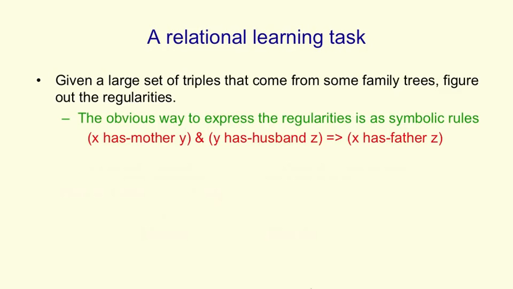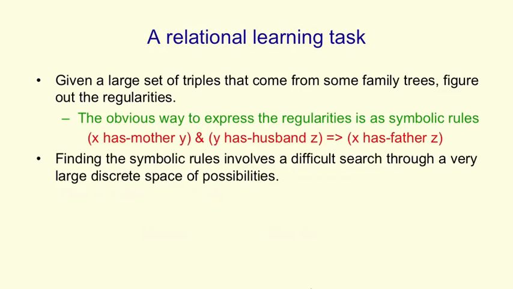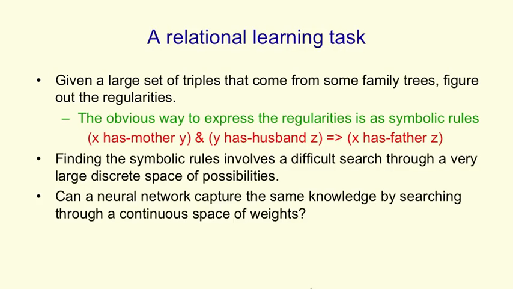For example, X has mother Y and Y has husband Z implies X has father Z. We could search for such rules, but this would involve a search through quite a large space, a combinatorially large space, of discrete possibilities. A very different way to try and capture the same information is to use a neural network that searches through a continuous space of real valued weights to try and capture the information.